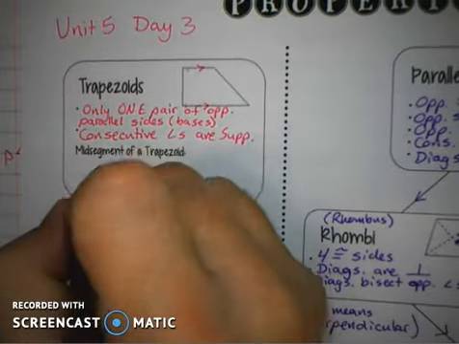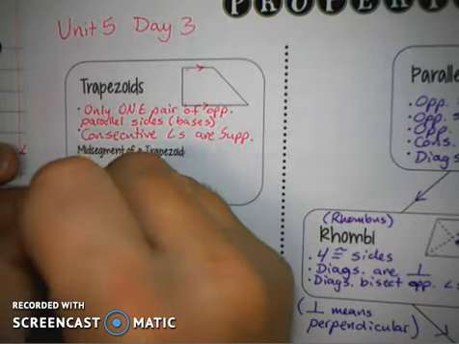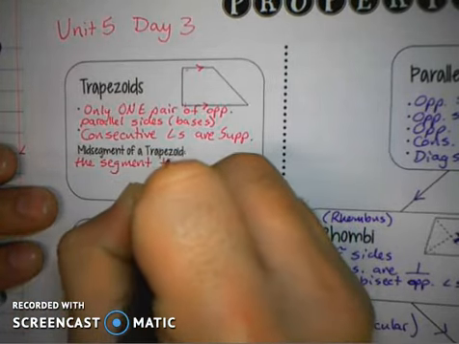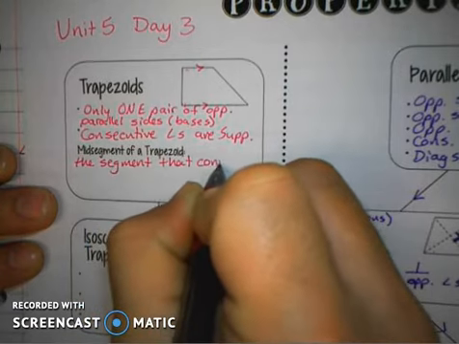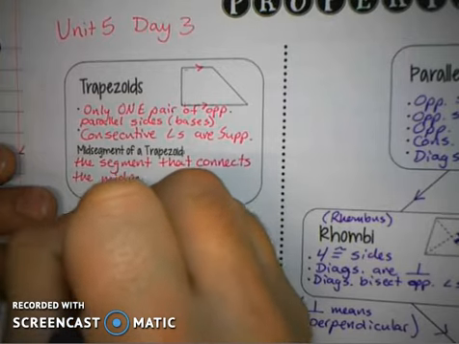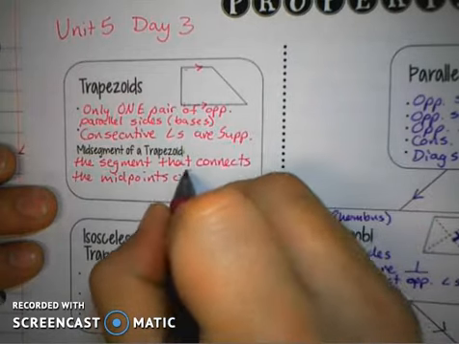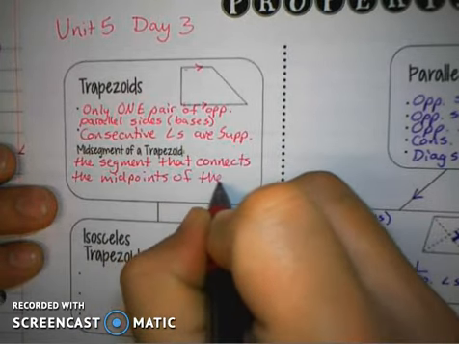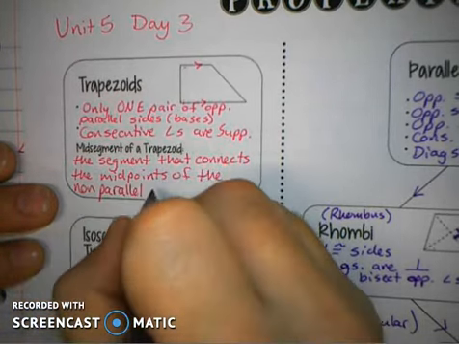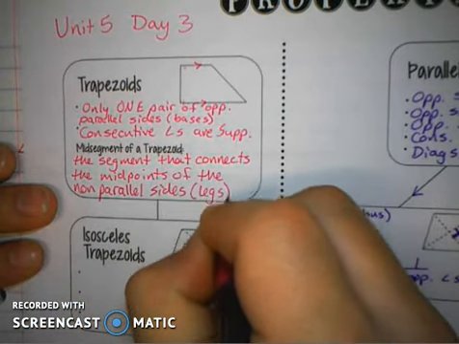And then we have what is called the mid-segment of a trapezoid, which is the segment that connects the midpoints of the non-parallel sides. The non-parallel sides we call legs.